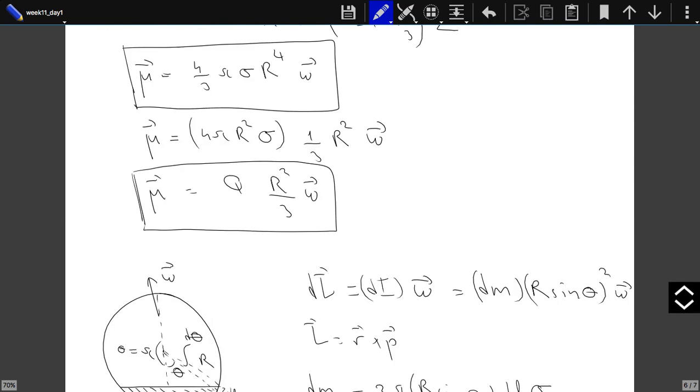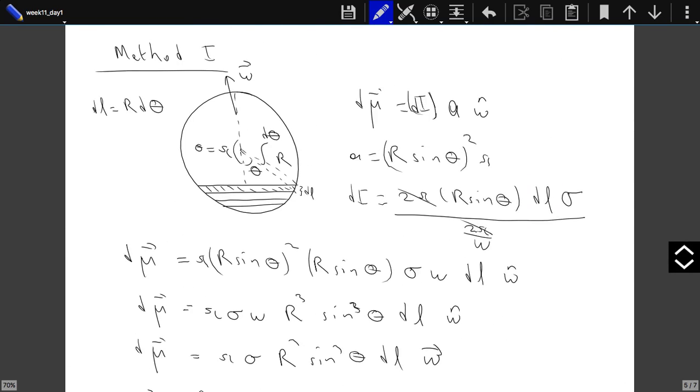So the things that you need to remember. This is basically how you can calculate the magnetic dipole moment. This is the way you could have done in first year. You divide your large system into smaller systems that you are already familiar with, like the ring.